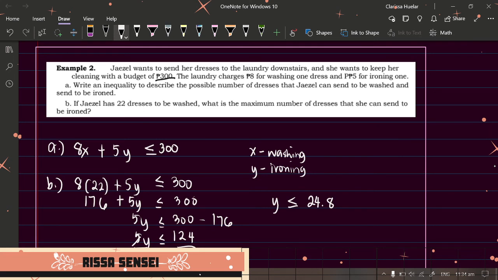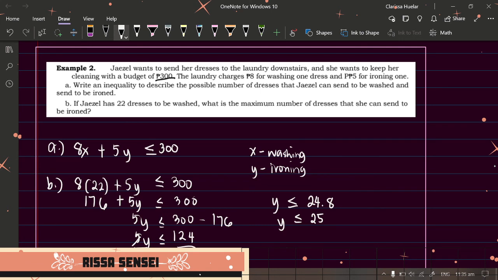So, we have to round it to 25. So, the maximum number of dresses she can have ironed is 25 or 24. So, 24 to 25 dresses. When it is 25, it will exceed.